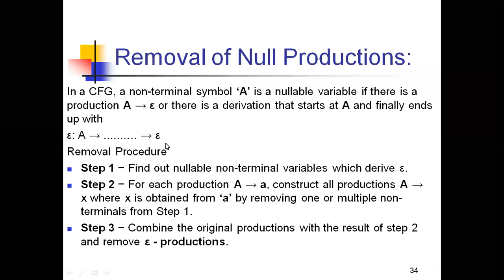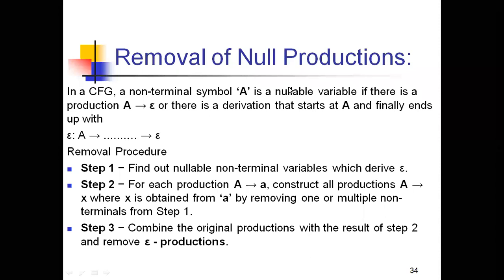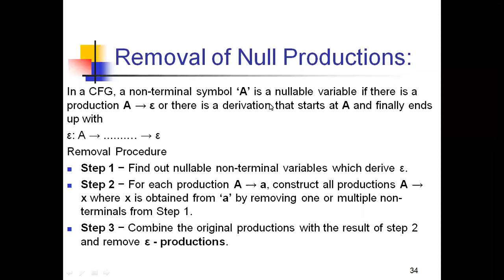In a context free grammar, if you have a non-terminal symbol like A, where A is a nullable variable, that means there is a production A tends to epsilon, or there is a derivation that starts at A and finally ends up with epsilon, then we say that those come under null productions. And for removing these null productions, we have some steps to be followed.